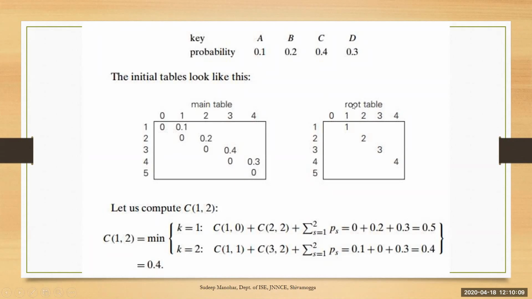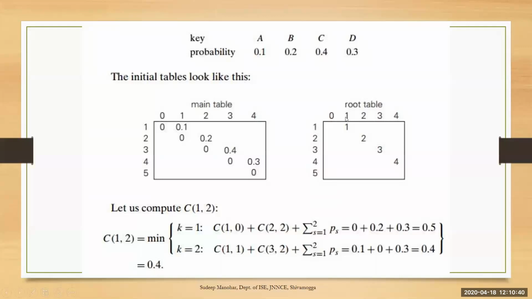Consider one more table called the root table. The row numbers and the column numbers remain the same. The same procedure has to be done. While adding the values for the root table, make sure that root of i comma i is equal to i.